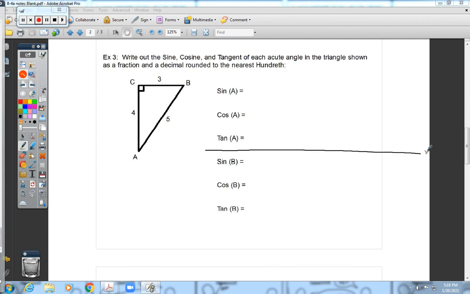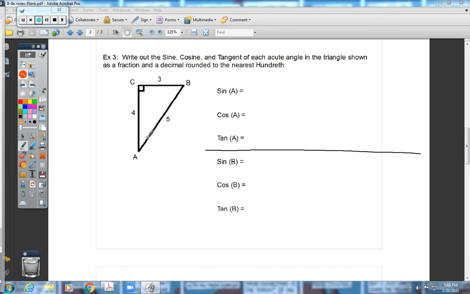We're asked to provide the sine of A, the cosine of A, and the tangent of A. That's referring to angle A. Down at the bottom, sine of B, cosine of B, and tangent of B means we're turning our attention to angle B. So we're going to write out the three trig values for angle A, and then the three trig values for angle B. This is going to involve the use of sine, cosine, and tangent. So again, SOHCAHTOA is going to come into play here. My suggestion as a math teacher is that you always write that down.